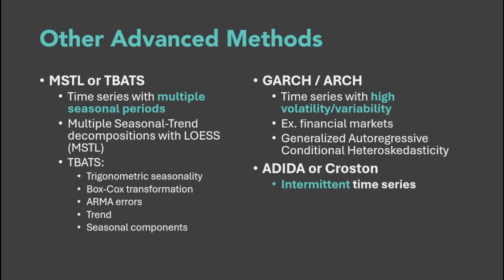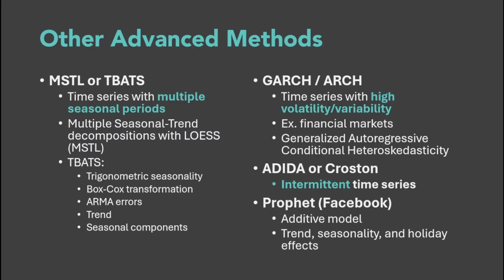And then there are the ADIDA or Croston models, which were designed to forecast intermittent time series. And there's some unique models such as the Prophet model, which comes from Facebook. This is an additive model that is capable of fitting nonlinear trends. It accounts for seasonality, and it interestingly also accounts for holiday effects.